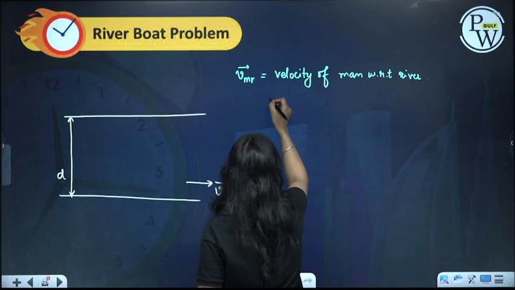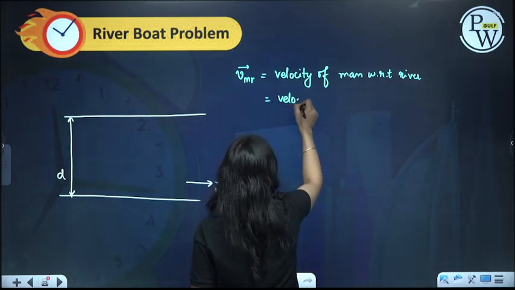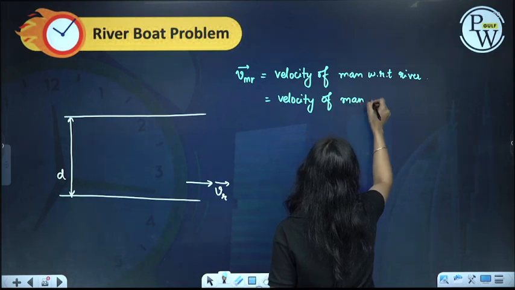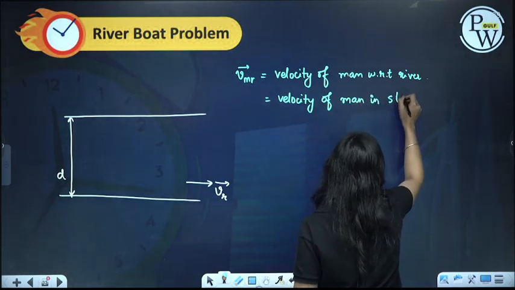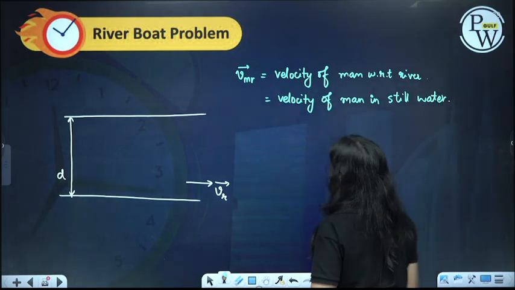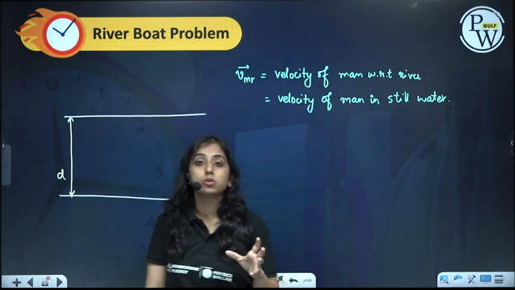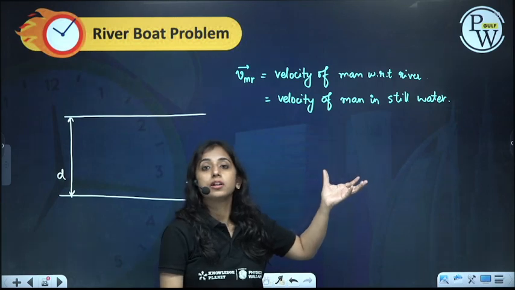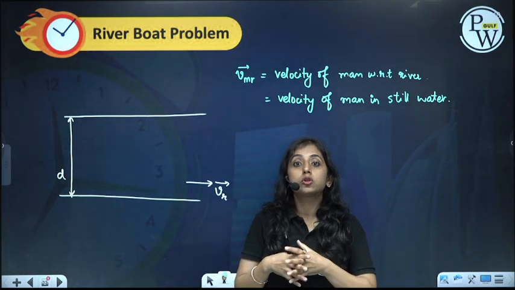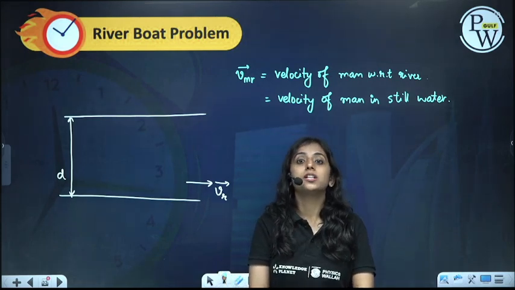This is also equal to the velocity of man in still water. So when the river is not moving, what is the velocity of man? It is vmr. Now when the river is moving, the man can still only move with this much capacity.